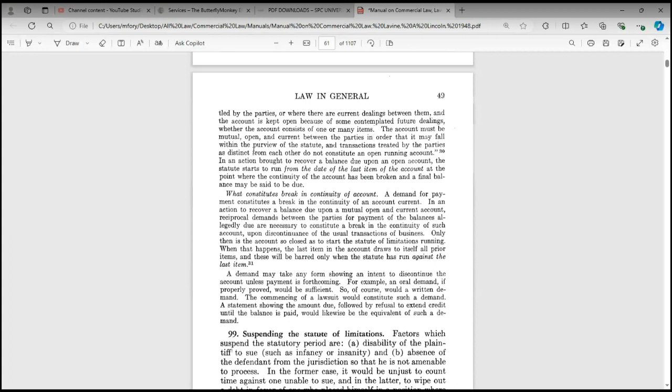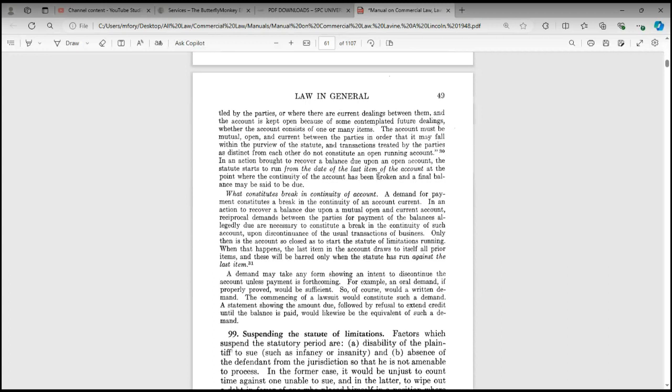The account must be mutual, open, and current between the parties in order that it may fall within the purview of the statute, and transactions treated by the parties as distinct from each other do not constitute an open running account.